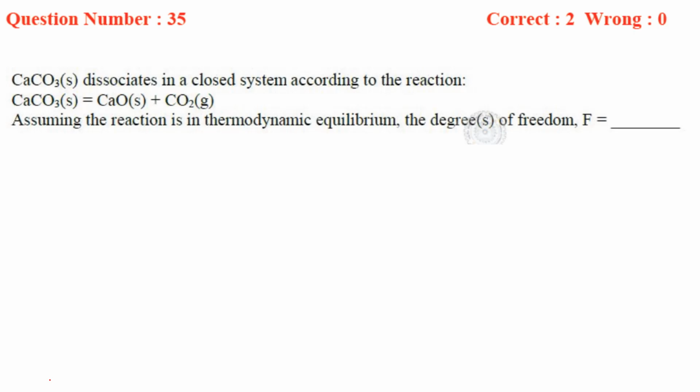So the pressure can change, and since the heating is also taking place, the temperature will also vary. So the equation you will use is the simple phase rule, F = C - P + 2. We will not use the condensed phase rule here, because it is not talking about a constant pressure. So we will use the simple phase rule.